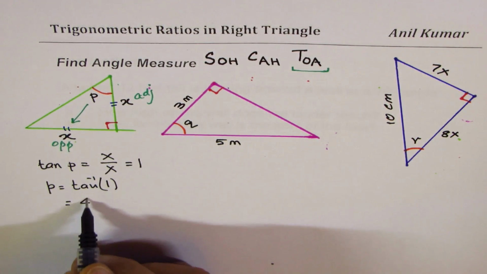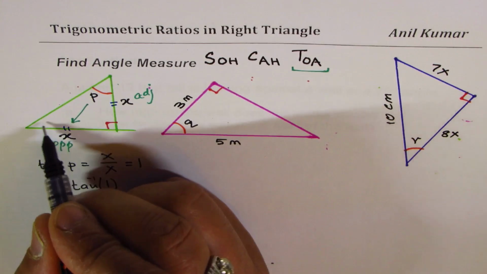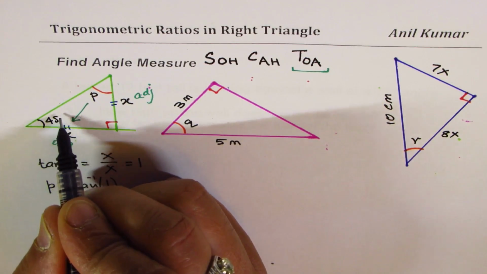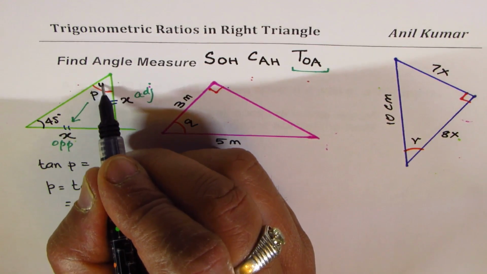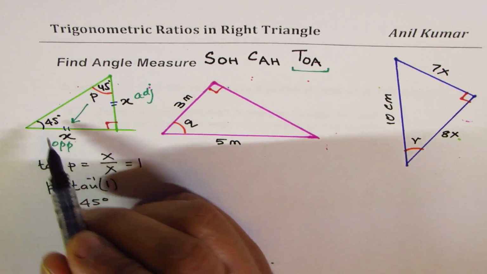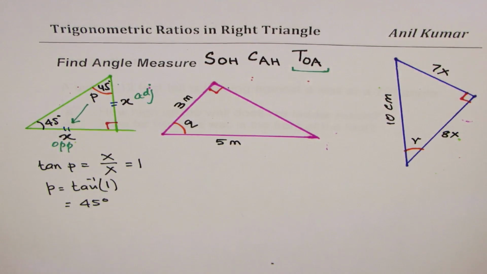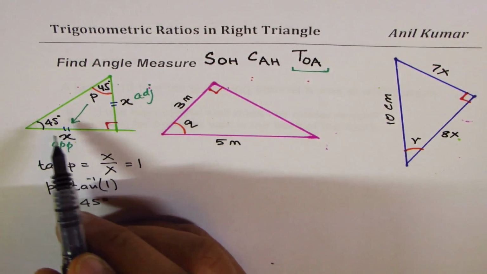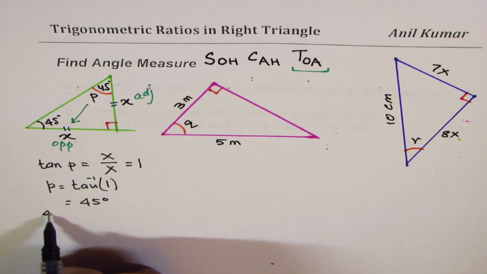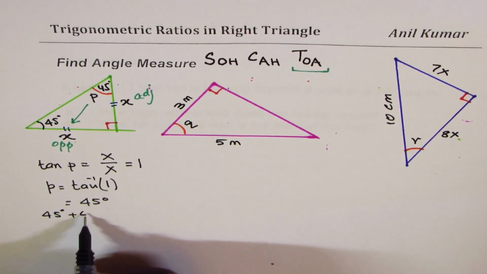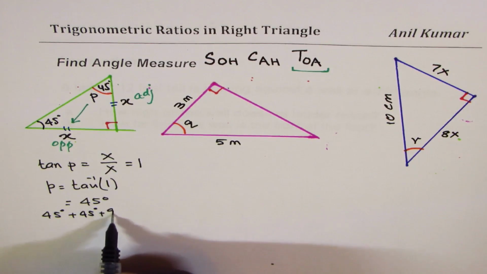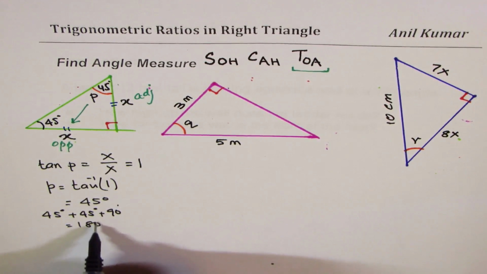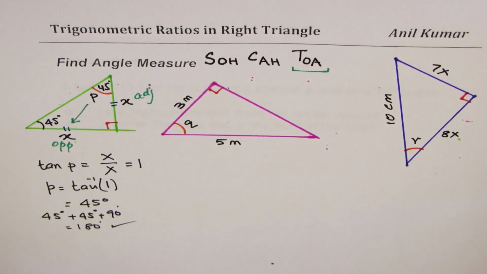Okay, let's write down 45 degrees. So we found P as 45, right? Then the other one should also be 45. Does it make sense? Well, it does, since if you add 45 degrees with 45 degrees and 90, you do get 180 degrees, so that is correct. Is it okay?